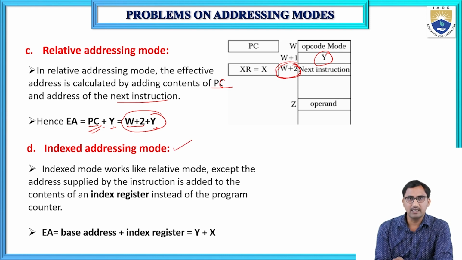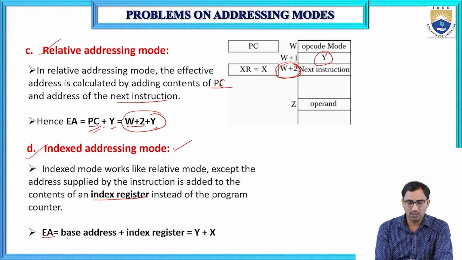Next one, indexed addressing mode. Indexed addressing mode works like relative mode, except the address supplied by the instruction is added to the contents of the index register instead of the program counter. So in both relative and indexed addressing modes, the calculation of the effective address is similar except for the registers. In relative addressing mode, we use the program counter, whereas in indexed addressing mode, we use the index register.